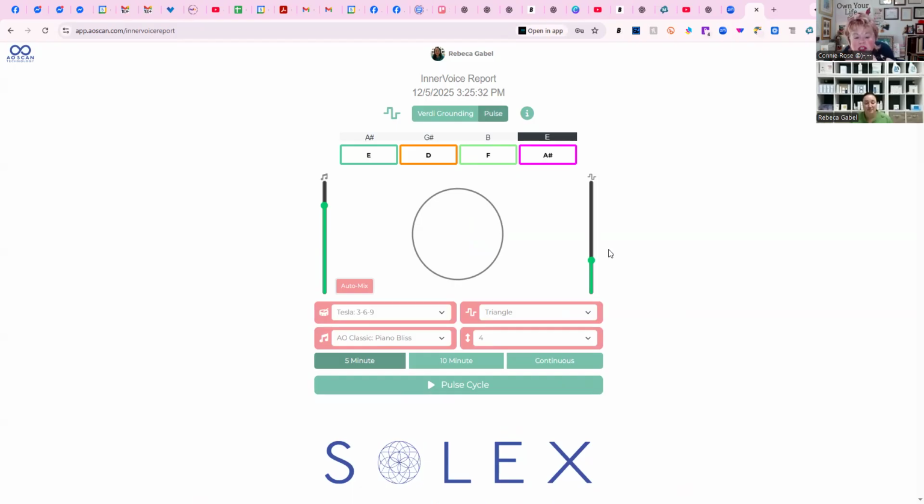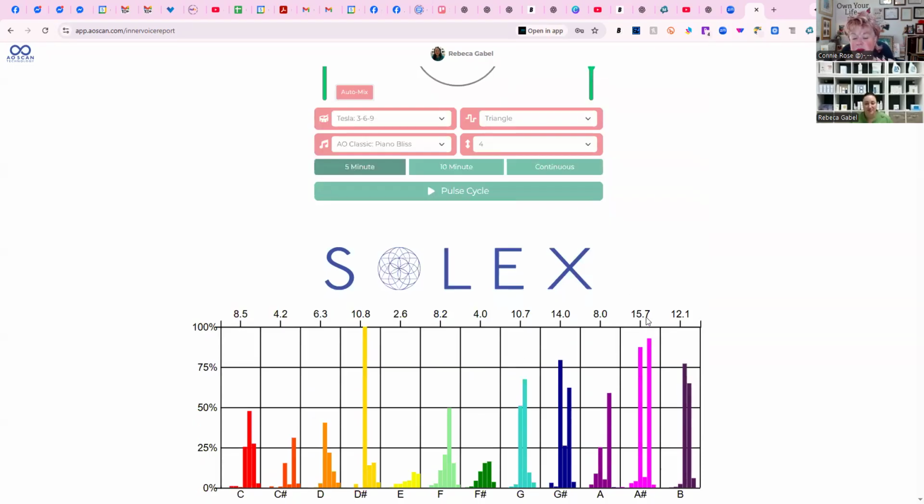Just like I clicked on those individual boxes before on Verdi grounding, I could click on the individual boxes here. If I saw the report, the highest number is 15.7, the next one's 14, then the next one's 12.